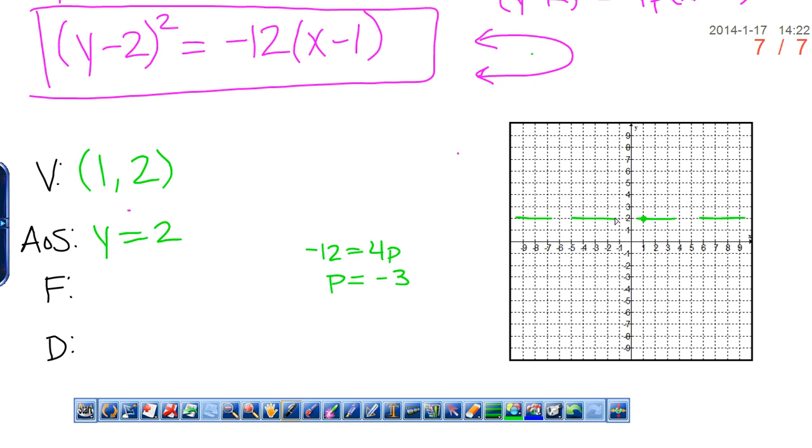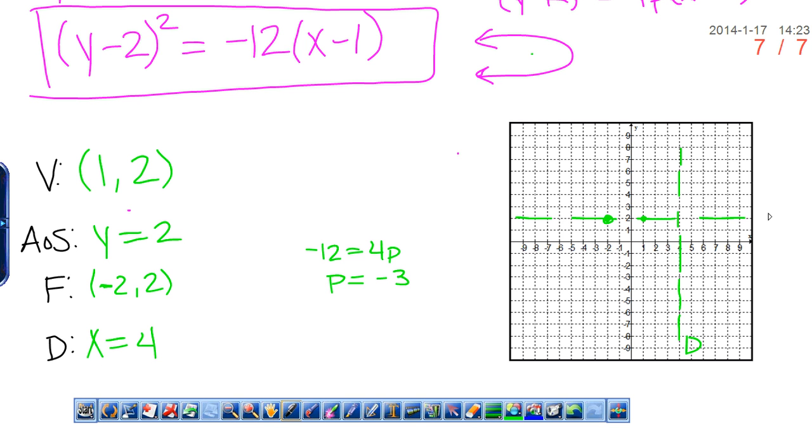So to the left 3, putting me at negative 2, 2. Where's your directrix? 3 units on the other side, good. Which is x = 4.